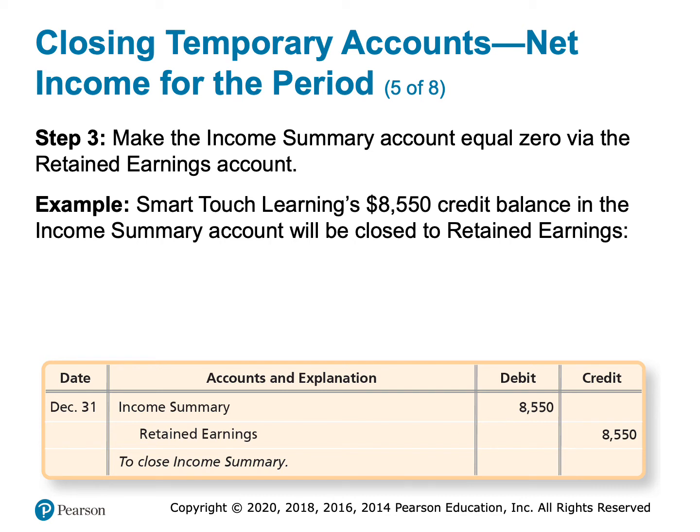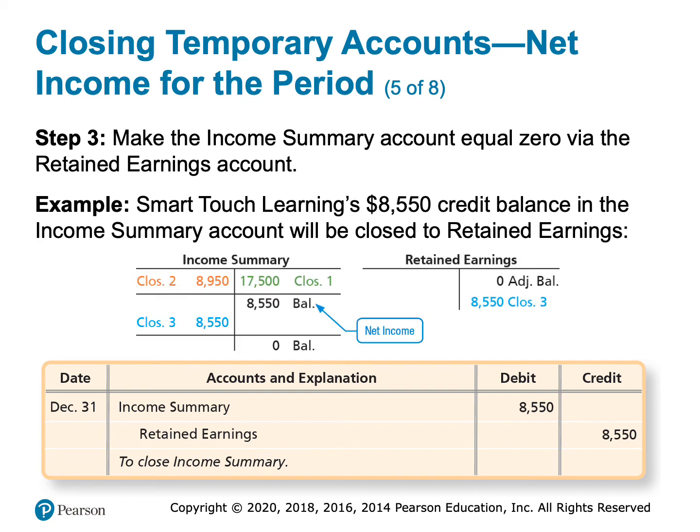If you remember our statement of retained earnings, we add net income. So net income should increase retained earnings, so this makes sense. Now, if we had a net loss, this would all be the opposite, right? So now when I look at my income summary T account, income summary is zeroed out, and retained earnings no longer has a zero balance. It has a balance of 8,550, which is the net income.